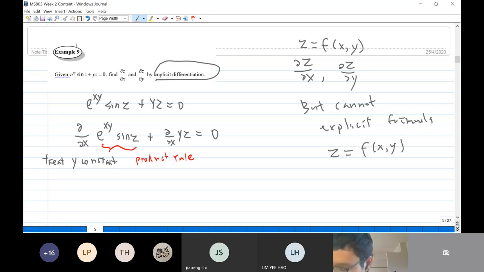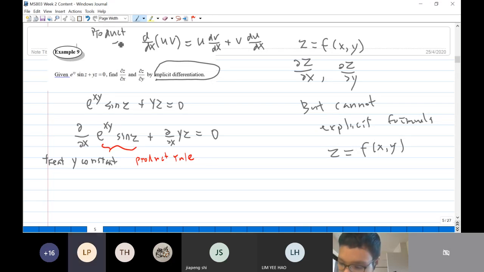When x changes, z will also change, and of course e to the xy depends on x also. So we need the product rule. Let me write down the product rule: differentiating u and v, the product is u dv/dx plus v du/dx. This is the product rule.